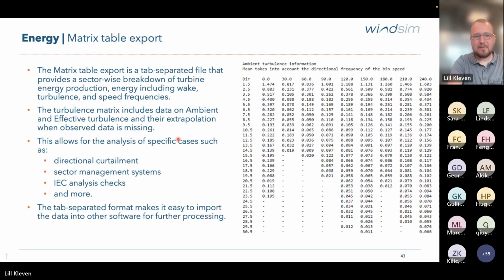And then you can use this to analyze curtailment, some other IEC checks, and many more things. These exports are just to make the data that we have in WindSim more available for other systems and for your own scripts, so it's easier to post-process.